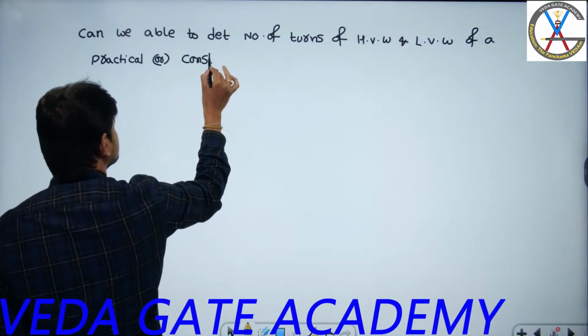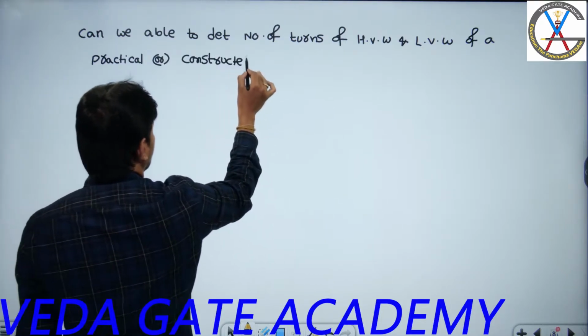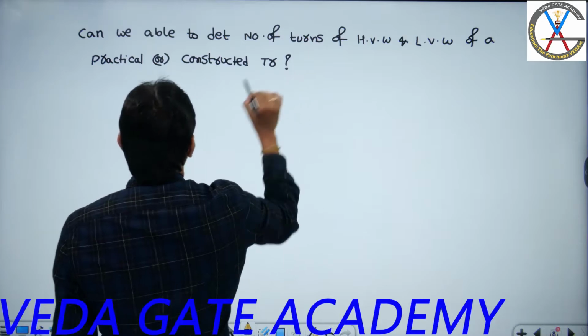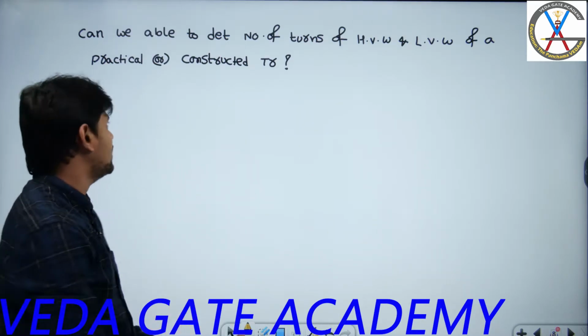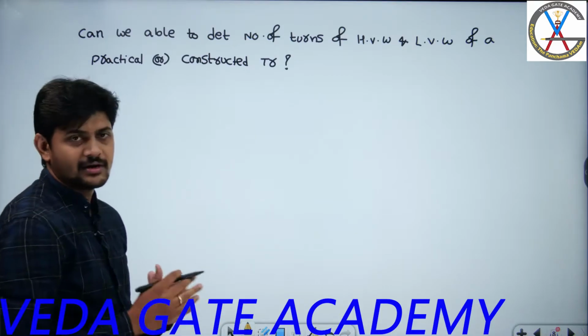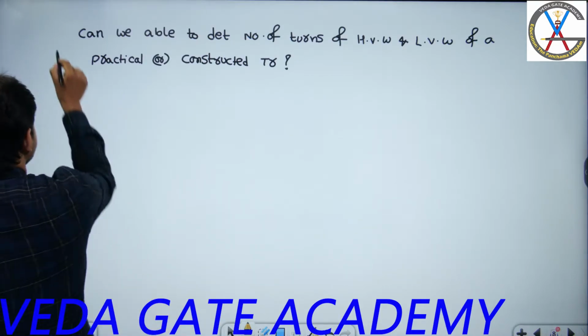That means the construction is already over. So what is the question, guys? Can we determine the number of turns of HV winding and LV winding of a practical or constructed transformer? This is the first question.